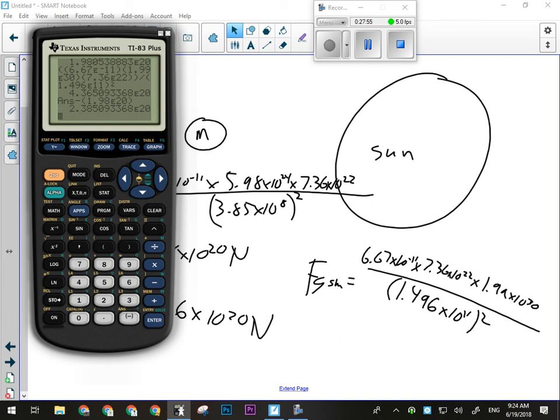All right, so our net force is 2.3 or 2.4 times 10 to the 20 newtons towards the sun. Actually, we have three significant figures, 2.39 times 10 to the 20.